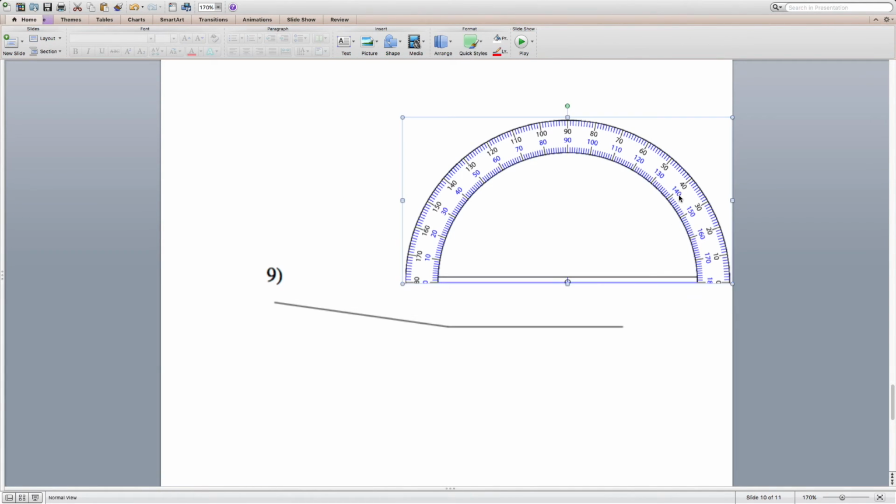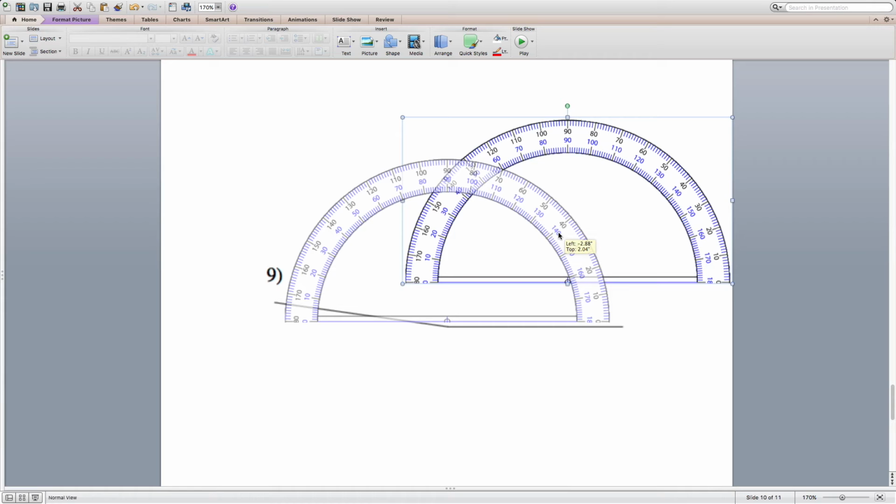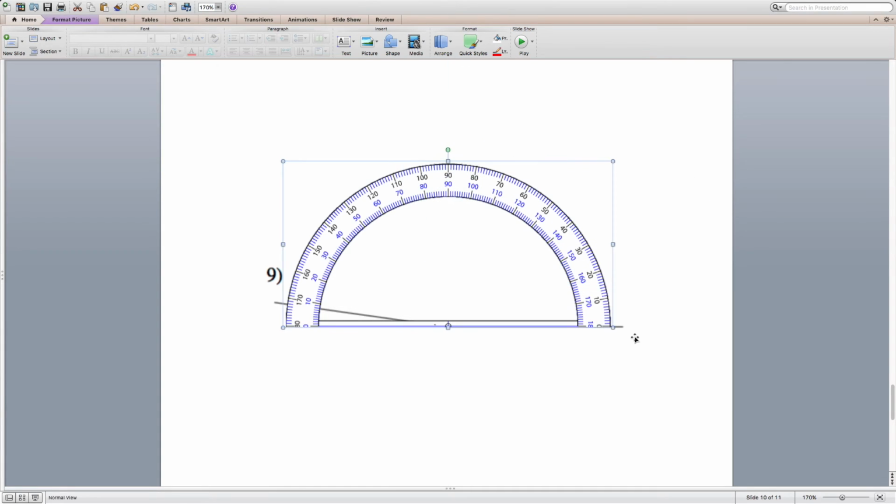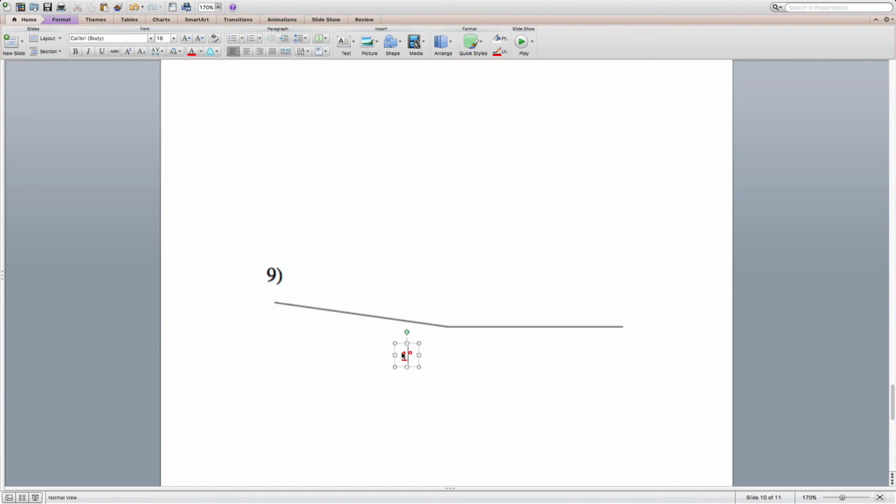In number 9, locating our vertex, placing our protractor where the center point of the bottom line intersects the vertex, and one ray intersects the 0 tick mark. Counting all the way up, we get to 172 since we're 2 tick marks past 170. So our solution in number 9 is 172.